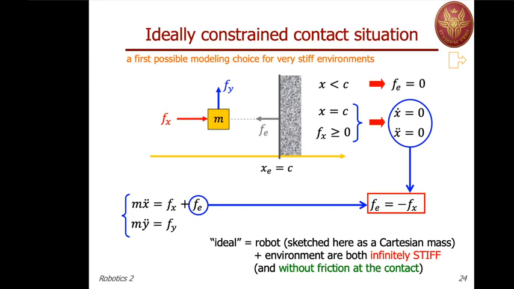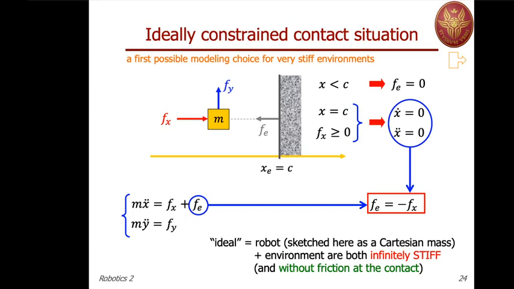So along this direction we don't care about the presence of the contact, and here is where the absence of friction during sliding along the contact enters. Indeed, we may also model friction at the contact, but then we should have an extra term in the second equation when we are in contact. On the other hand, the first equation completely vanishes, but provides us the information about the contact force.